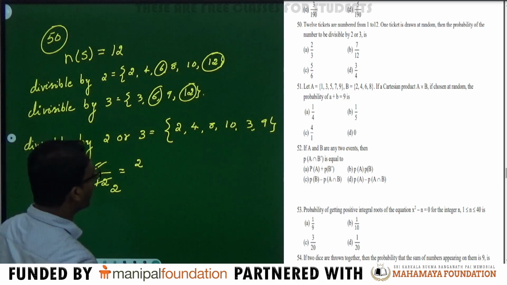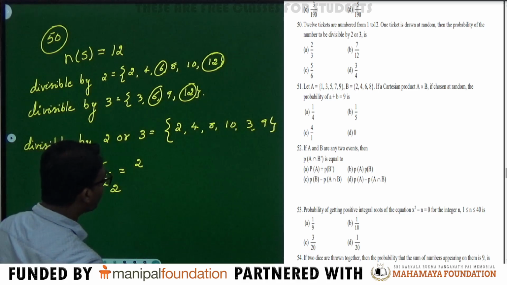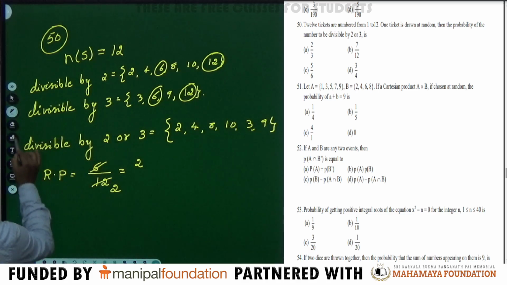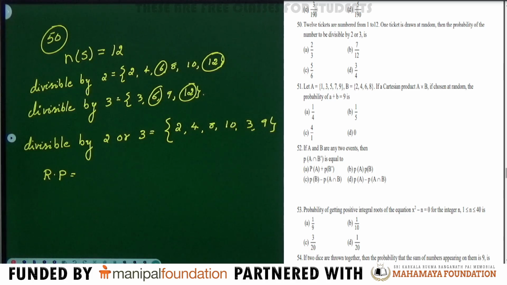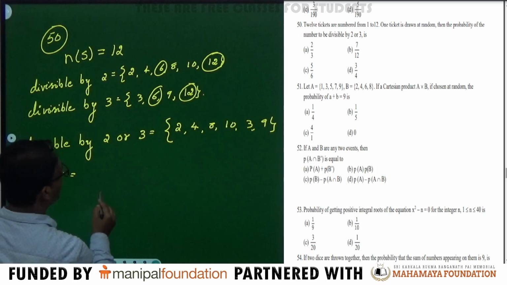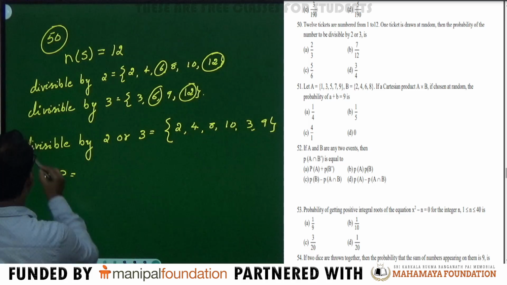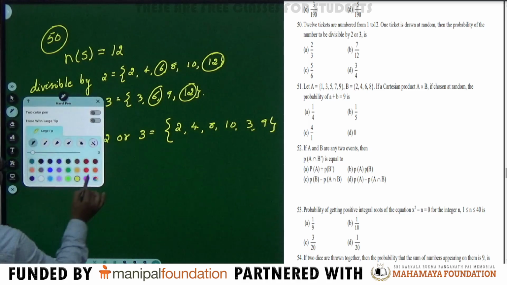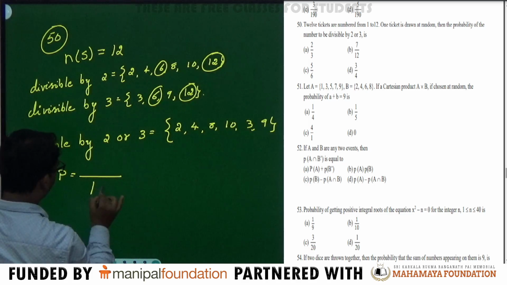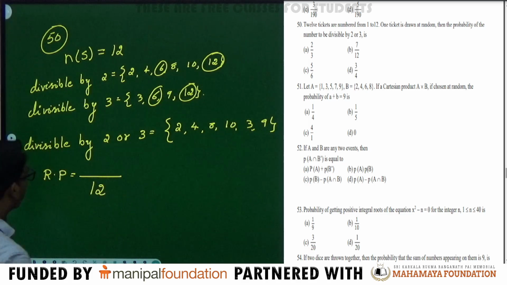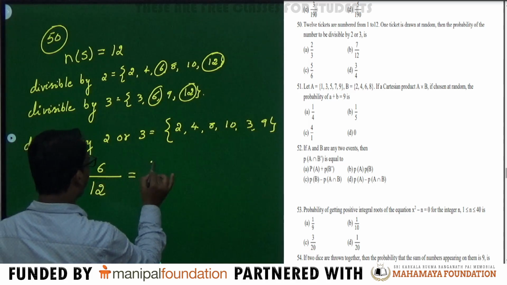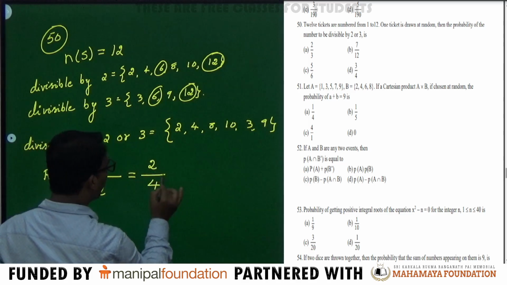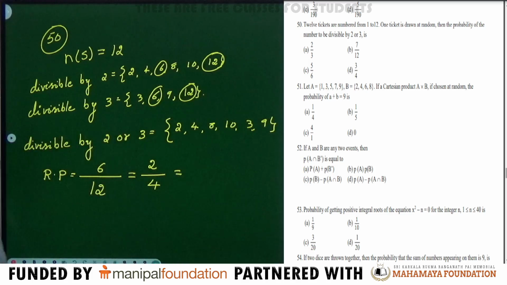Answer is 1 by 2. This is 12. This is 6. 3 2s are 6, 3 4s are 12, or it is 2 by 3.